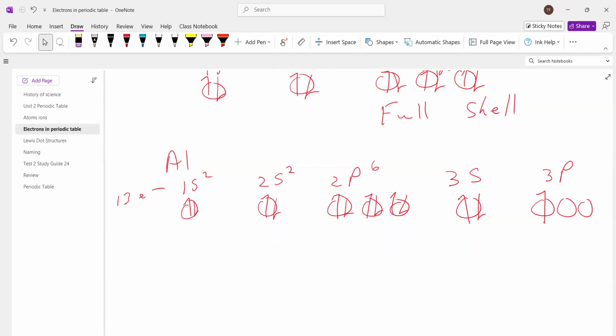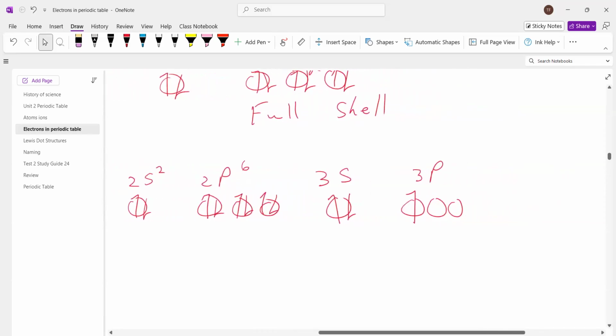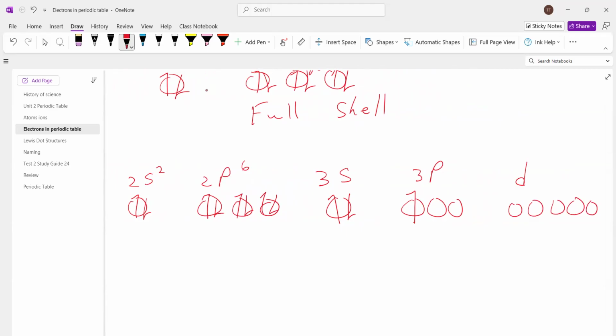Now, remember I said shell 3 has got 18 electrons possible? Those are called D's, the remaining 10. But those are empty because we don't have enough electrons to go around.